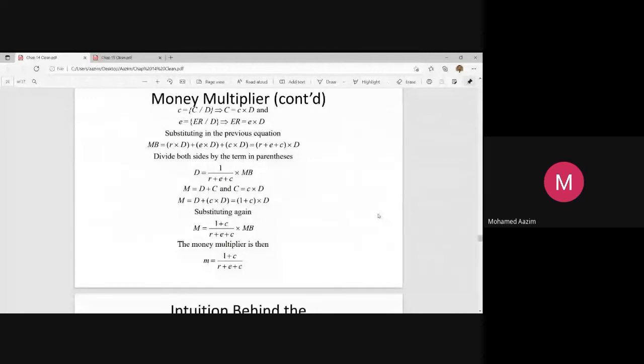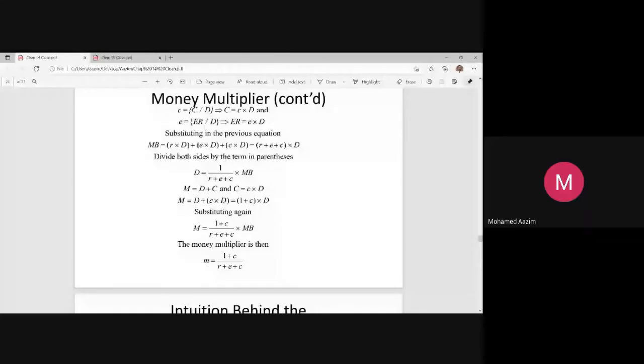What is inside this C and R. So monetary base C plus R. You know R. R is comprised of required reserves, that is required reserve ratio times deposits, and excess reserves, that is nothing but excess reserve ratio times deposits.